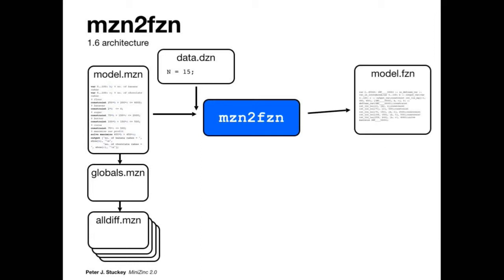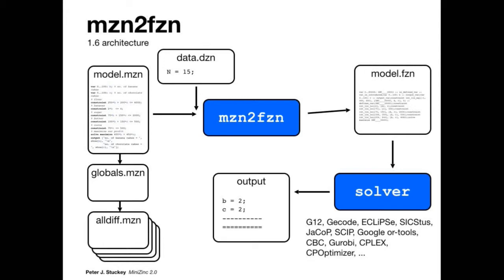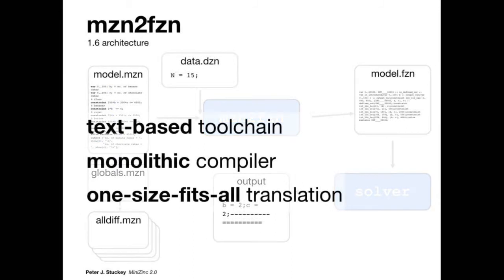So then we're translating that model to a specific FlatZinc form, which is basically an input form for the solver, which is just variables and constraints and an objective, nothing else. And then we can run our solvers on that. It could be all kinds of CP solvers, all kinds of MIP solvers, etc. And then we get some text output. And so that's the original way that MiniZinc worked.